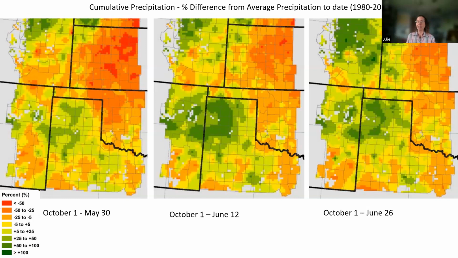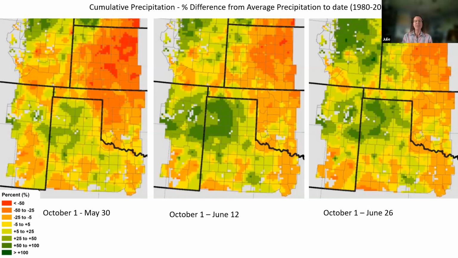A deep red means the area is 50% or less of the long-term average precipitation, while deep green indicates the area has received 100% or more of the long-term average. Near average precipitation is actually indicated by the yellow color. The gray areas are places where GrassCast just doesn't work very well, so no forecasts are made, rather than make a map that has such low confidence that you could throw dice and come up with just as good of an idea.